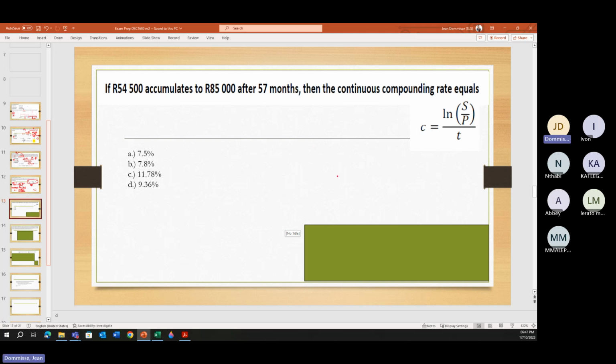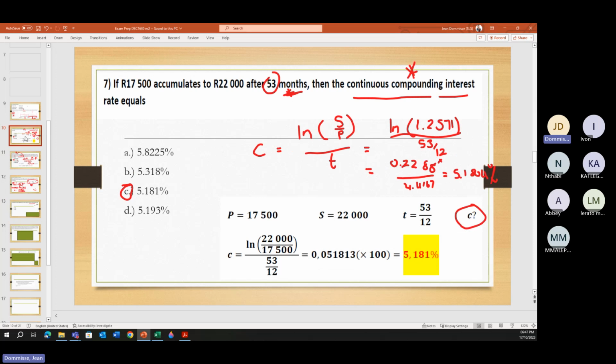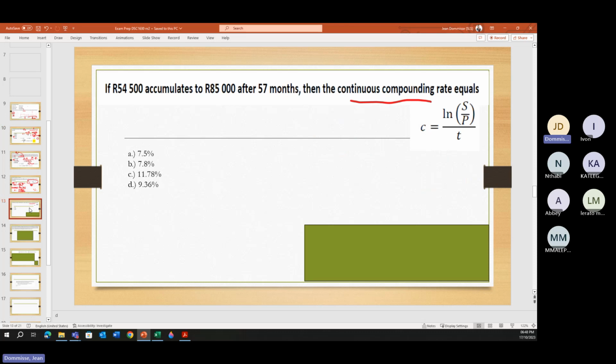So there's a few minutes left. Let's see if we can complete some of these. Again, if you look at what we want to do, continuous compounding rate. But wait, isn't this exactly the same as the previous one? Strange that they actually asked something like this twice, and this was from a previous exam.